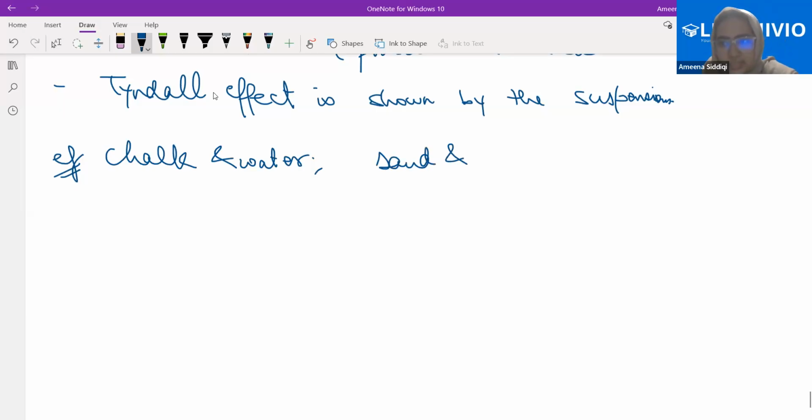Achha, tell me, is milk a suspension, bacho? Yes, ma'am. See, remember, in general life, we might classify milk under suspensions, okay? But we have to follow what the NCERT says. And the NCERT classifies milk under colloidal solutions and not suspensions. Fine. Blood is one example of a suspension.